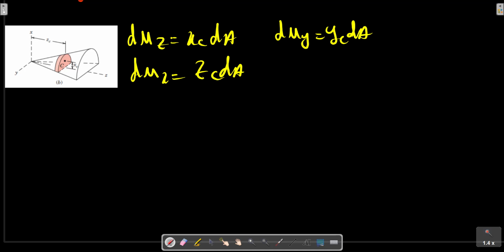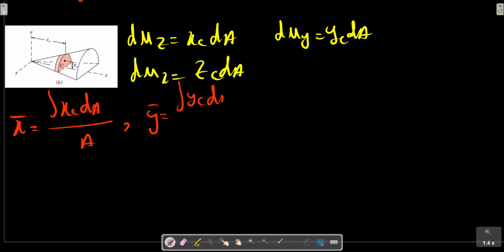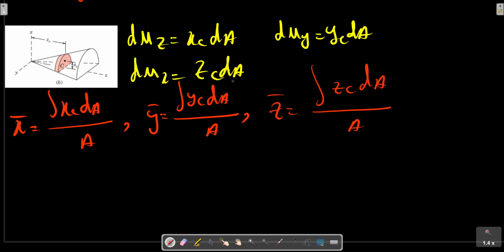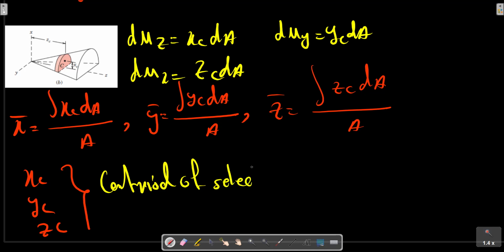Anyway, we have three components for the centroid: the integrals of xc dA, yc dA, and zc dA over A, where xc, yc, and zc are the coordinates of the centroid of the selected element.